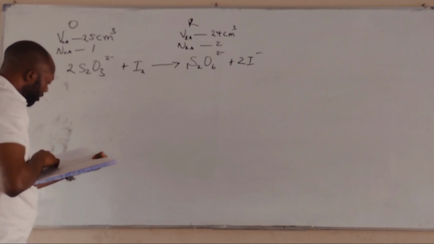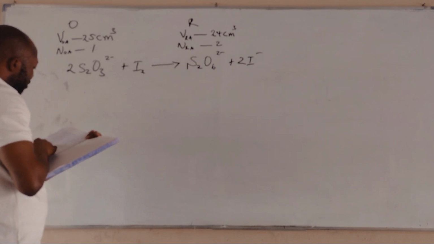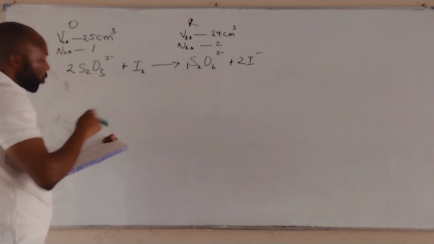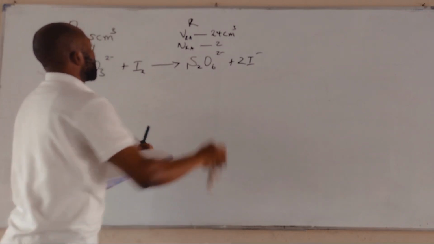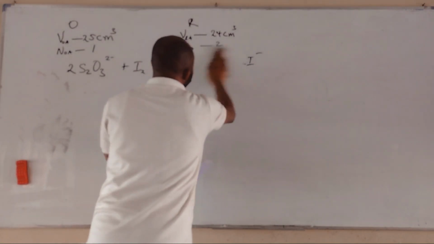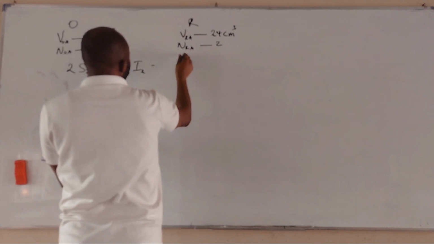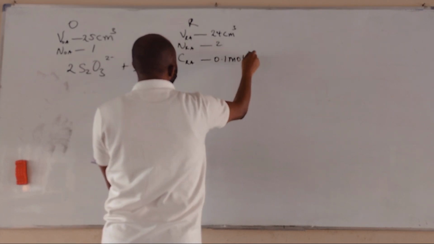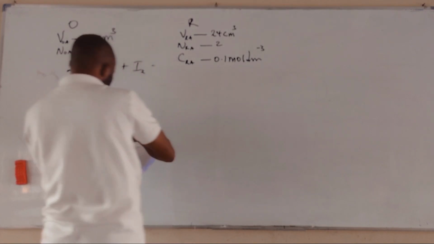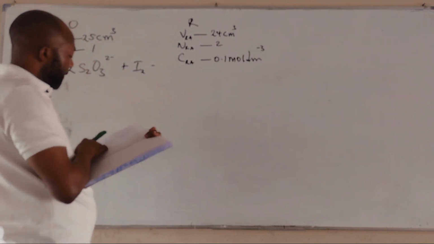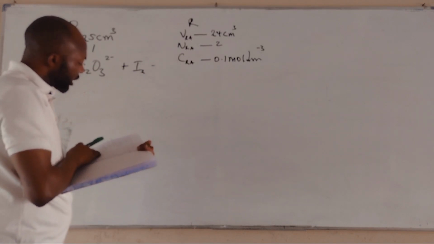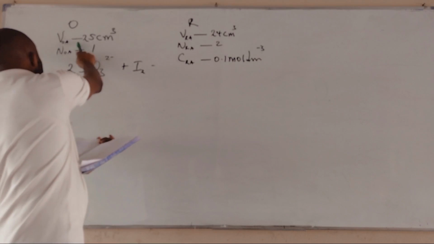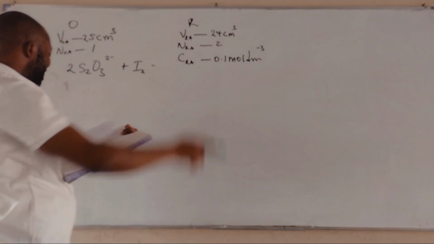Okay, let me see if I've given you everything. If the endpoint of the reaction is 24, while the concentration of the reducing agent is 0.1 mole per dm3, calculate the concentration of the oxidizing agent, the mass concentration of oxidizing agent.